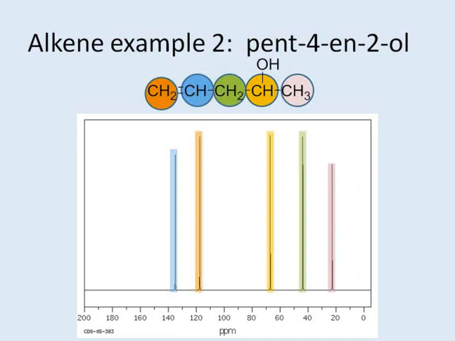The last 2 peaks belong to the remaining CH2 and CH3 groups. As expected, the CH3 group is the furthest upfield. The chemical shift for both of these groups is slightly higher than would be expected in an unsubstituted alkane. This is because of the effect of the nearby OH group, which moves them slightly downfield.